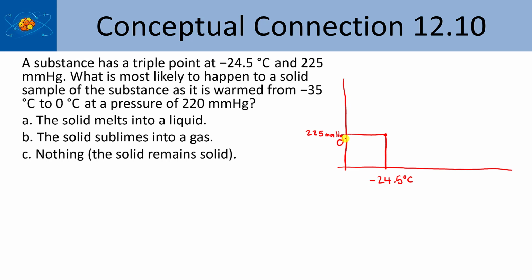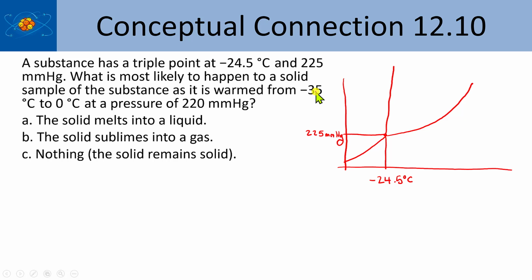Now this is a triple point, so I expect there to be one line coming off the triple point here, and then I expect this line to be going up mostly vertically. Something like that. Usually they go to the right, and then this is the vapor pressure curve, so it has this shape. So I've defined points on my graph really just based on the triple point.